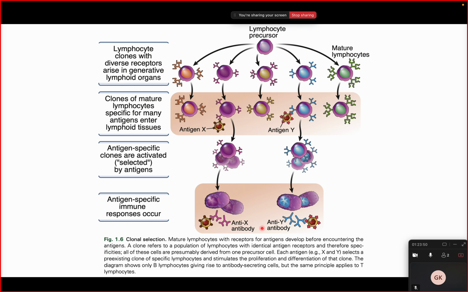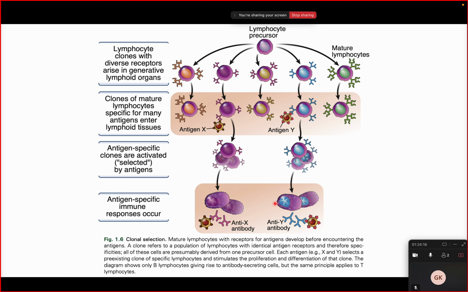This is curved and this is angular. Okay. So the curved part is the variable part because it is recognizing the curved microbe. The angular part is the variable part which is recognizing the angular antigen. But the tail of them, or the branch of them, looks quite similar, right? So they are the constant regions.